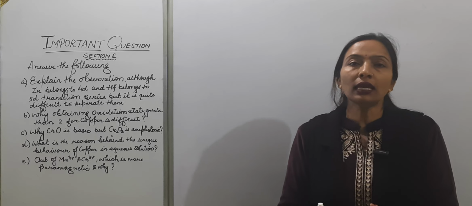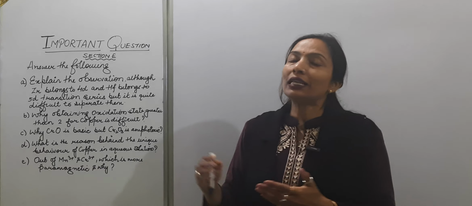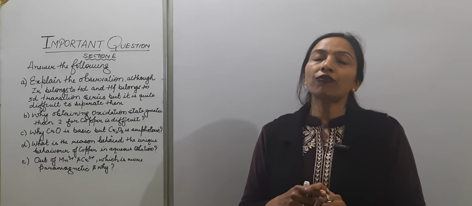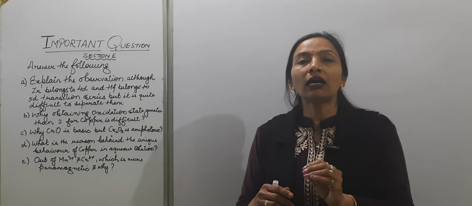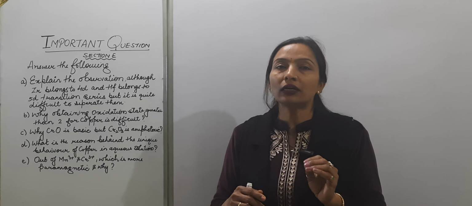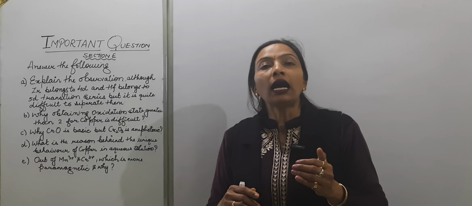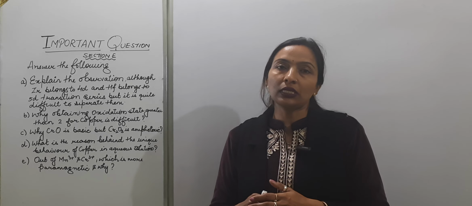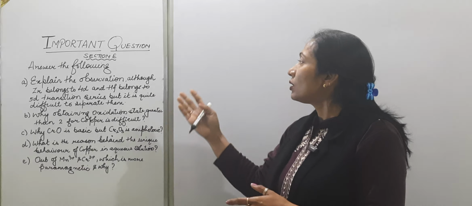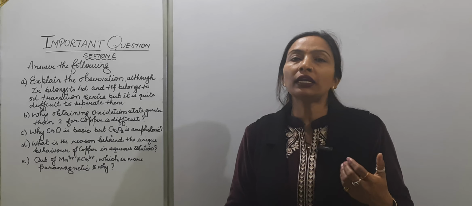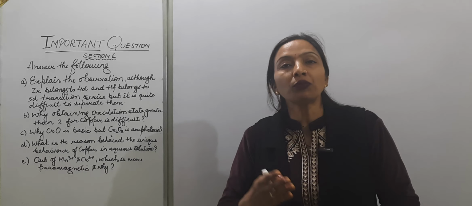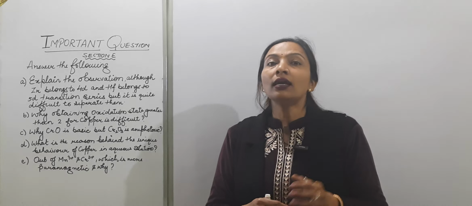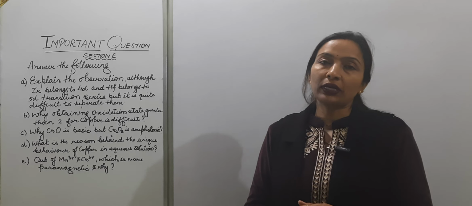So the reason is due to lanthanoid contraction, the elements of 4d and 5d have similar atomic radii, and they have similar chemical properties. So although they belong to 4d and 5d, because of almost the same atomic size, it is difficult to separate them out.